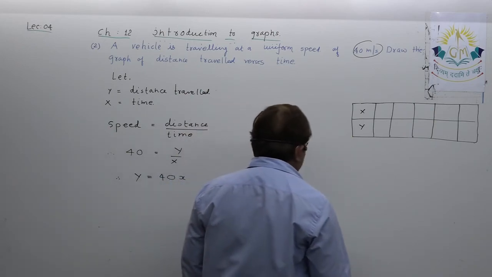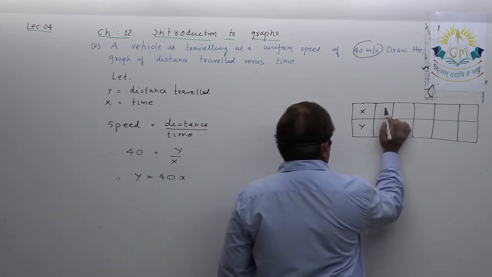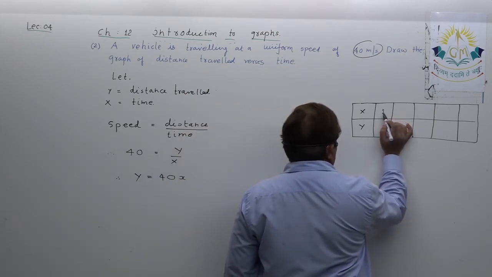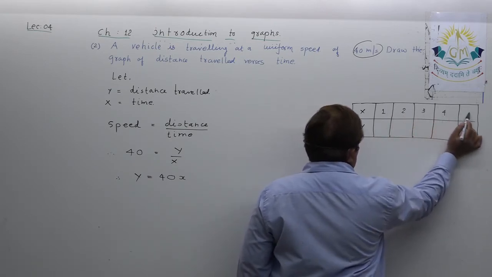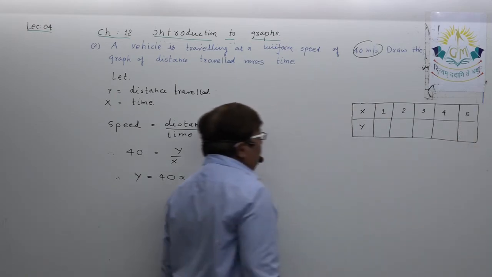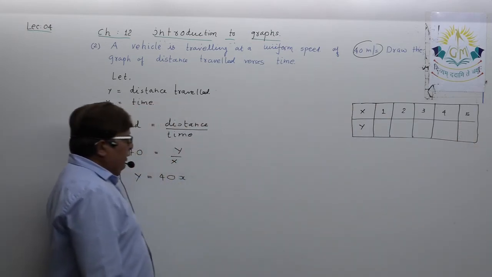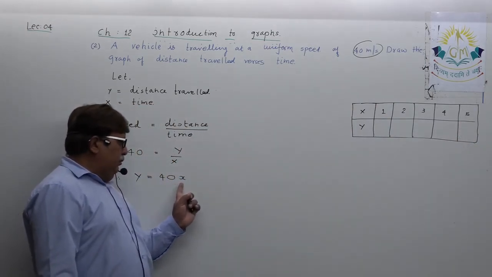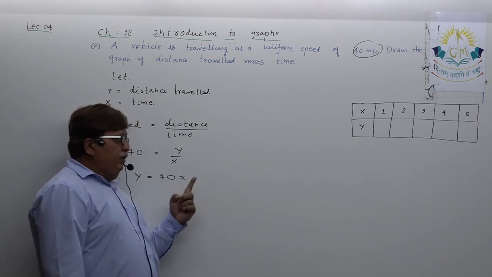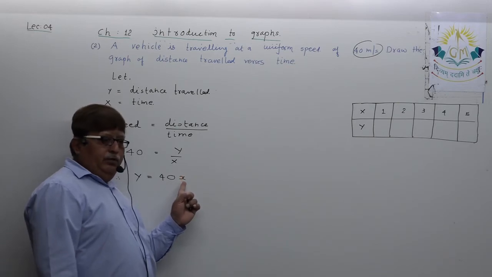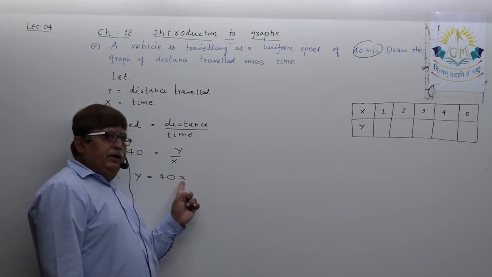X, that is time, as usual: 1 second, 2 second, 3 second, 4 second and 5 second. And how do you find the value of y? Just place the value of x here one by one.